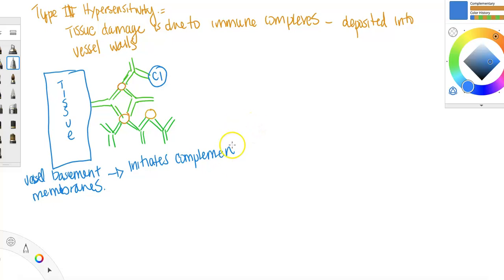And when that complement activates, one of the things that it does is increase inflammation. So it will end up increasing vascular permeability.